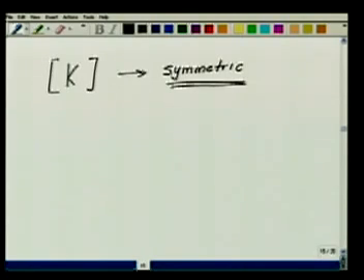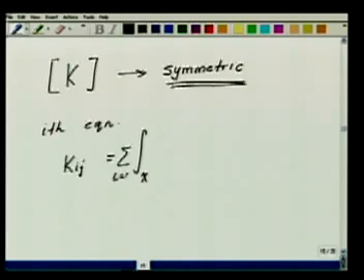Okay, so let's go back to the ith equation. We have Kij equal to the summation L equal to 1 to 5 of the integral xl to xl plus 1 of Ea phi j prime phi I prime dx.